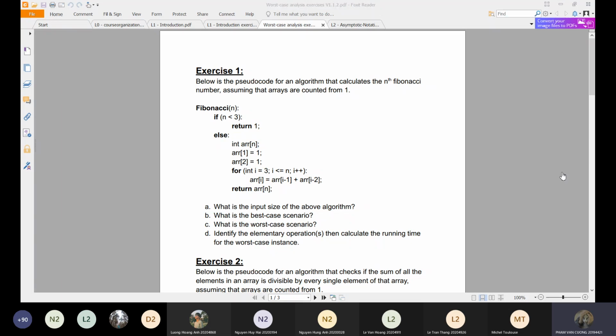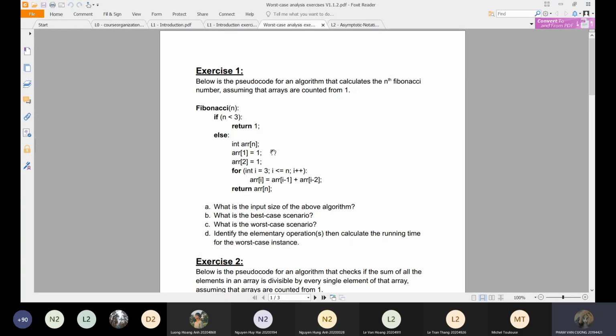Okay, for question D, identify the elementary operation. What is the elementary operation here, do you think, in this pseudocode? Yes, you're right, the for loop.